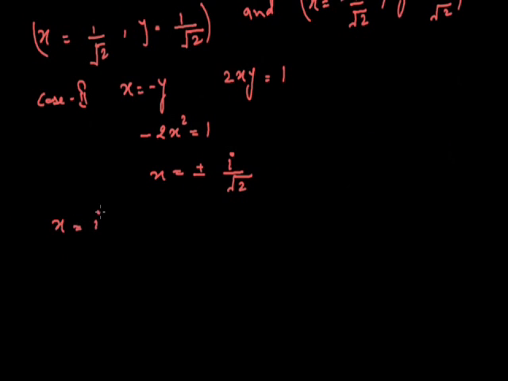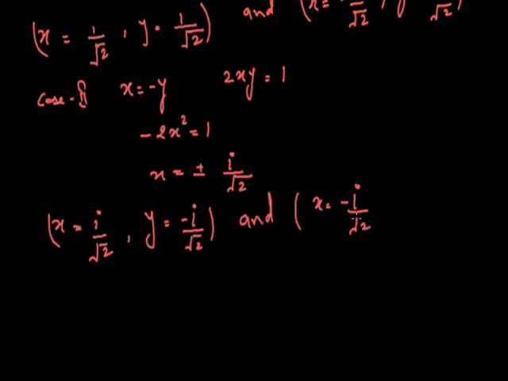If x equal to iota by root 2 then y equal to minus iota by root 2, and if x equal to minus iota by root 2, then y equal to iota by root 2.